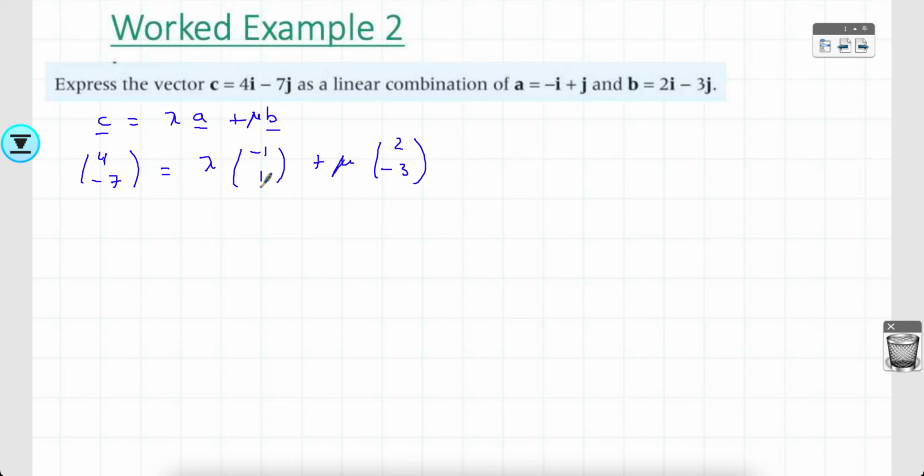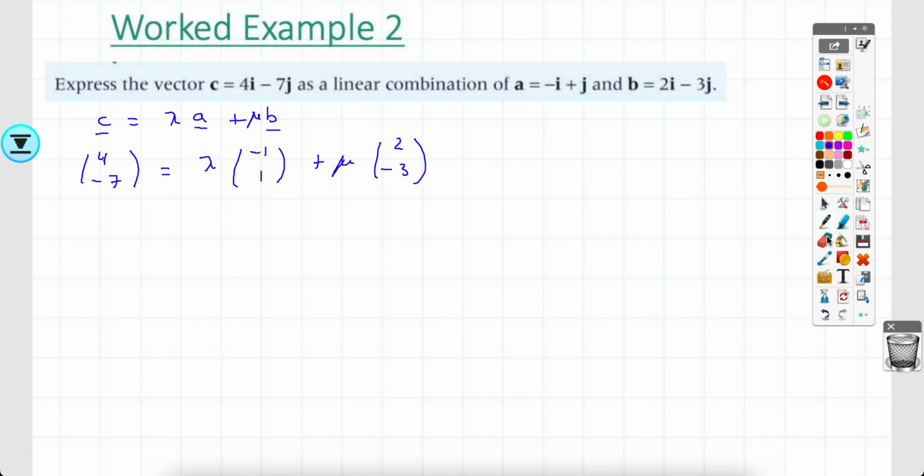So hopefully you can spot that you'll have a simultaneous equation, and since the components are separate from each other, you are looking for this to be equal, and then you're looking for this to be equal.